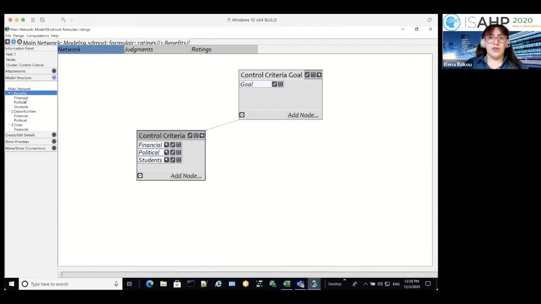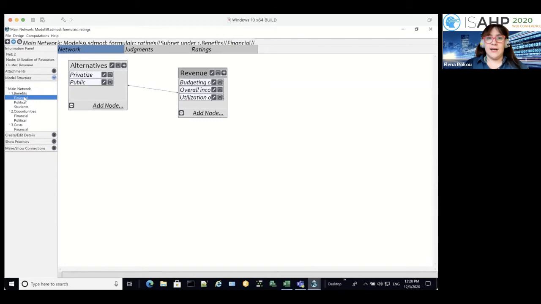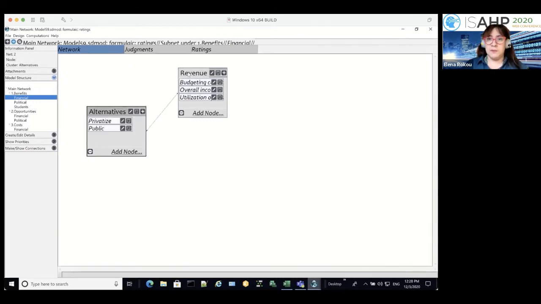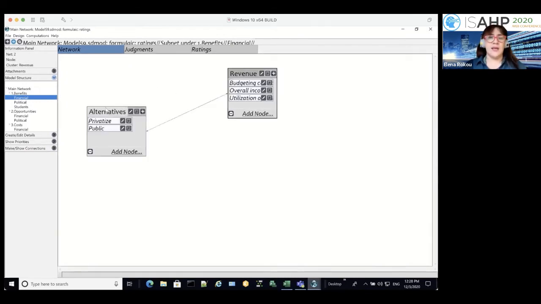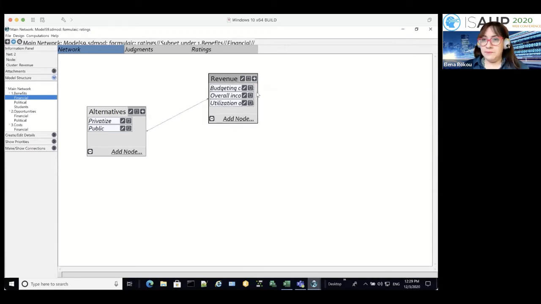For each of the control criteria, I'll have one AHP or ANP, this is an ANP network, a simple one probably, where I have my alternatives. This is the first and the only place that you will see alternatives, the bottom level AHP or ANP networks, plus some factors or some actual benefits of the 2 alternative solutions.